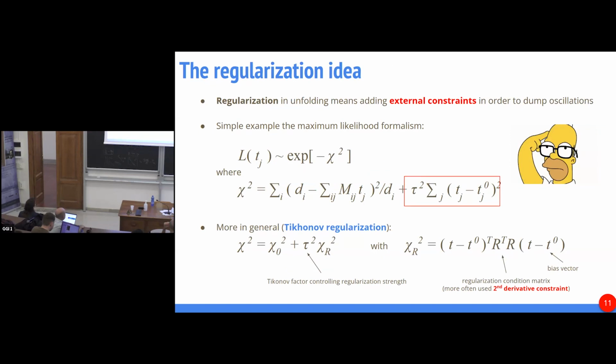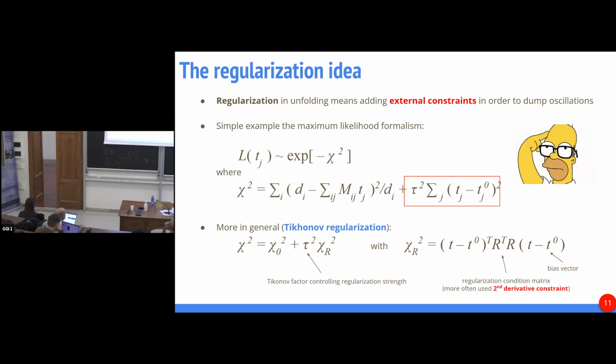So let me use the likelihood method, which for me is easier to explain what we mean by regularization. Regularization means putting some external constraints in order to dump the oscillations. And so in the likelihood approach, we just do it by adding a piece or multiplying the likelihood by a piece, which means adding something to the corresponding chi-square, which are basically some constraint terms on the parameters that we are extracting.